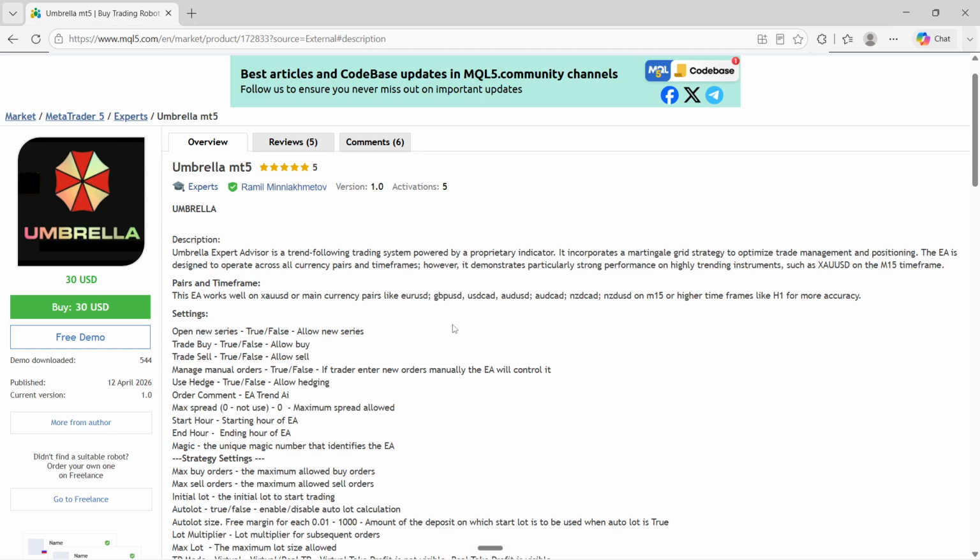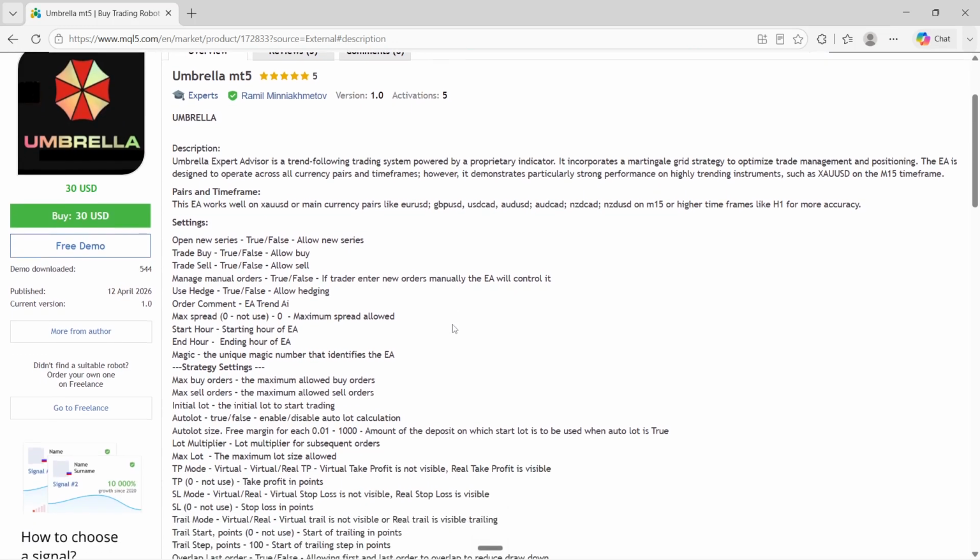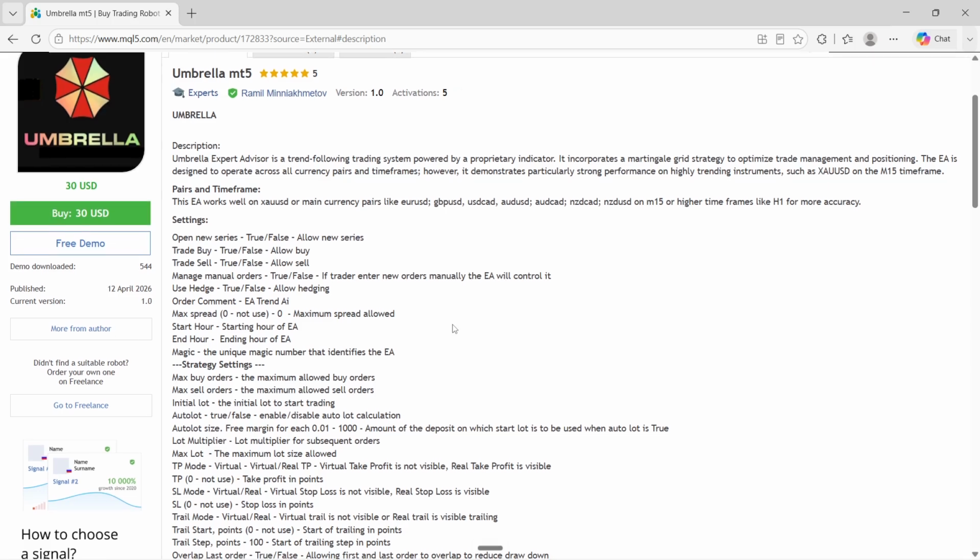The EA is designed to work across currency pairs and timeframes, with particularly strong claims on highly trending instruments such as XAUUSD on the M15 timeframe. It also supports major pairs like EURUSD, GBPUSD, USDCAD, AUDUSD, and others on M15 or higher timeframes like H1 for more accuracy.